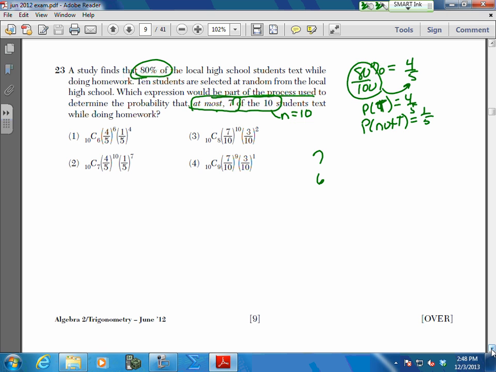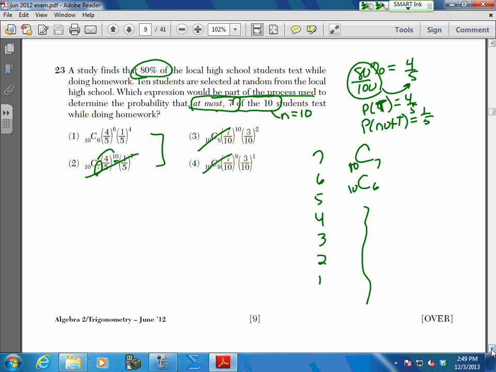So you have 7, 6, 5, 4, 3, 2, and 1. Each one of these keeps your 10 choose 7, your 10 choose 6, and all the way down. Notice we don't use a 10 choose 9 or a 10 choose 8. So it's going to be one of these. So you can tell right here, this 7 should be right up here. So it's not this one.